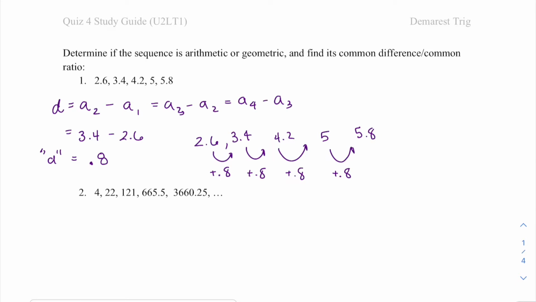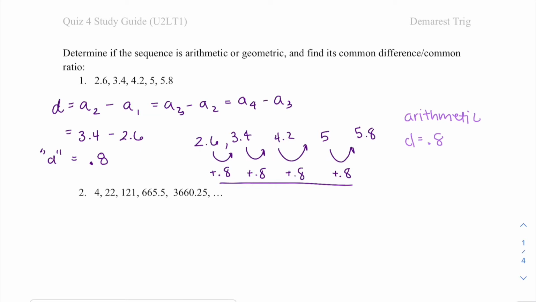So we can see it does check out. The common difference is constant, which means that this is arithmetic and has a common difference of 0.8. It's arithmetic and its common difference is 0.8.